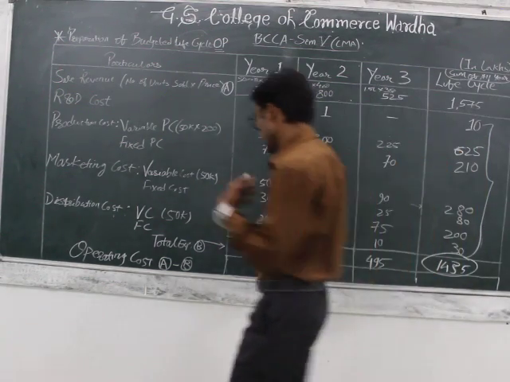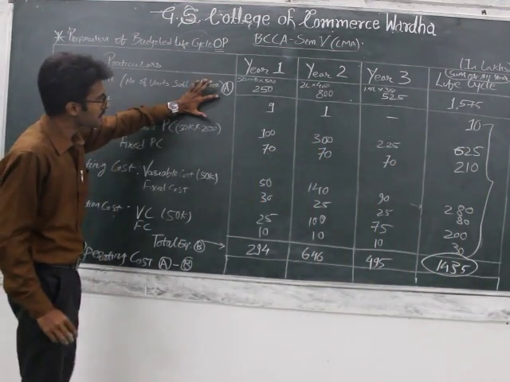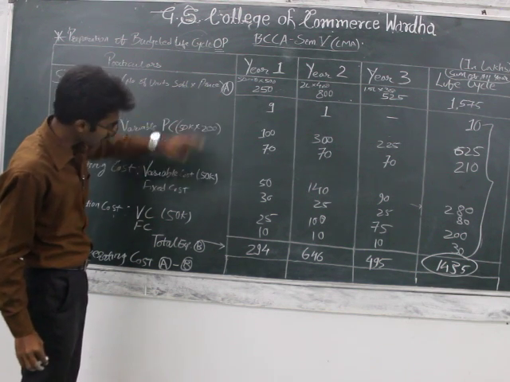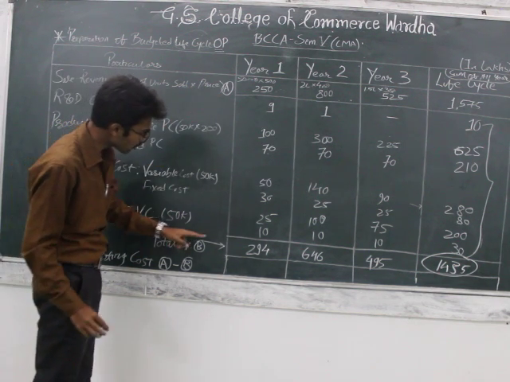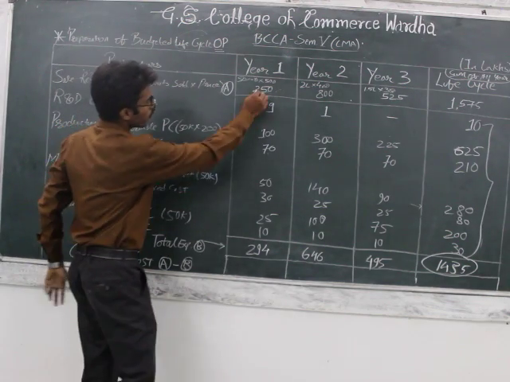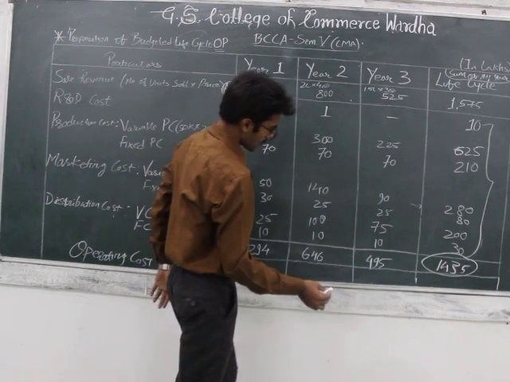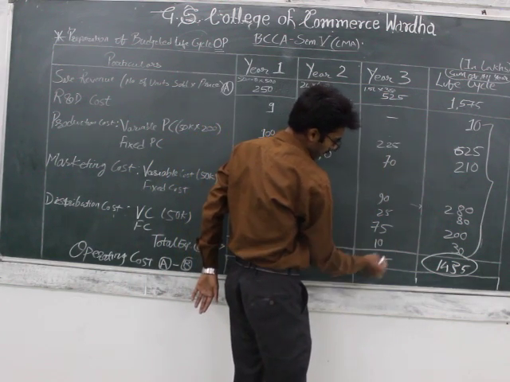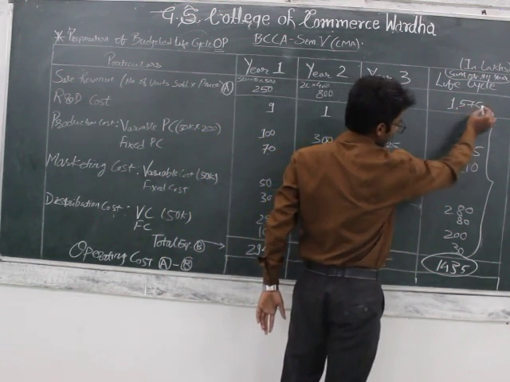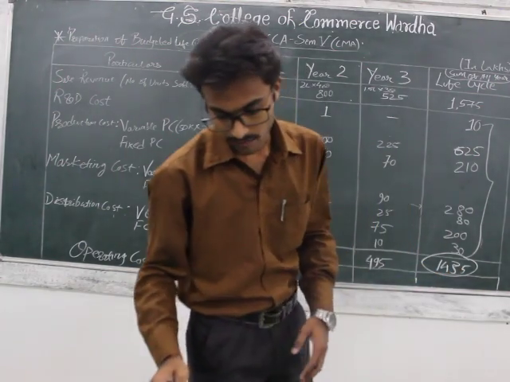By subtracting B from A, we subtract 294 from 250, 646 from 800, 495 from 525, and 1435 from 1575.